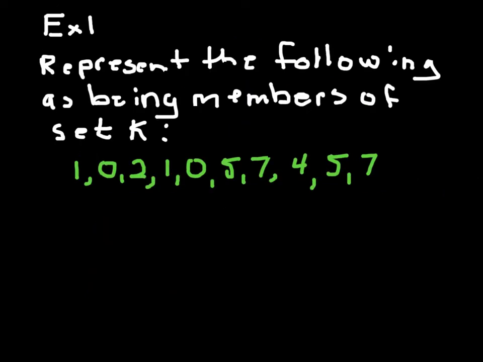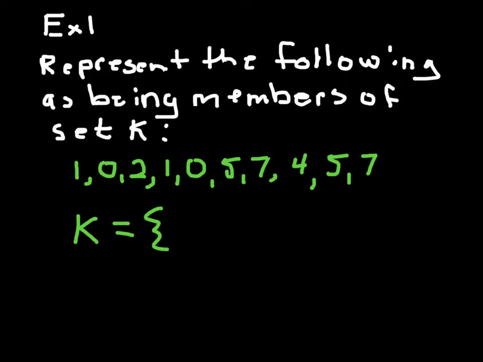All right, let's take a look at example 1. Now in example 1 it says represent the following as being members of set K. Now here they tell us that they want these numbers to be in a set K. So what we'll do is we'll designate our set as set K equal, then I'll put a brace. Now when I list these numbers, again, the order doesn't make a difference.